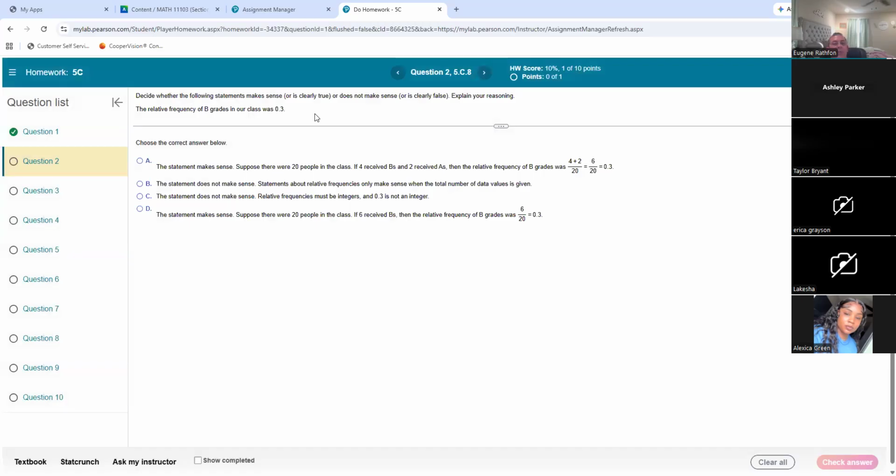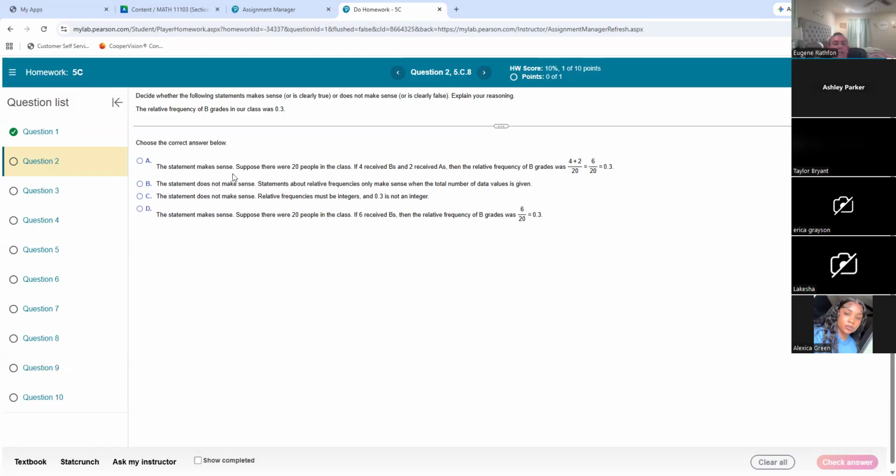All right, so we want to know if this makes sense. The relative frequency of B grades in our class was 0.3. Well, that's possible, right? You can have 3 out of 10, which would give you that. 6 out of 20 would give you a 0.3.